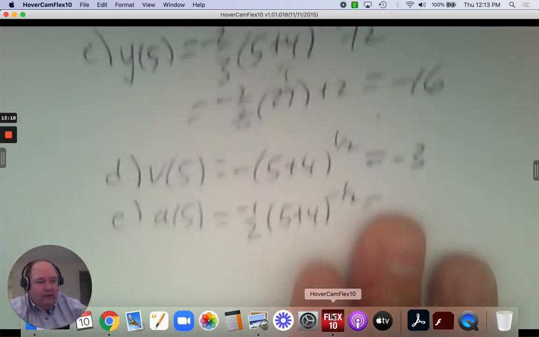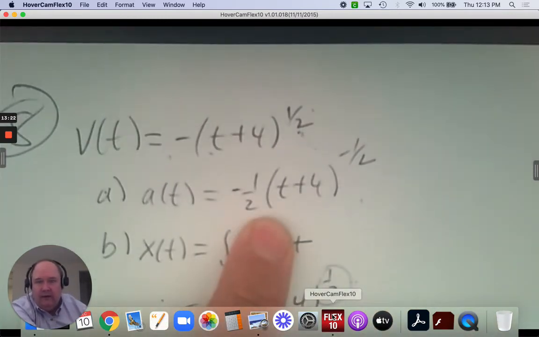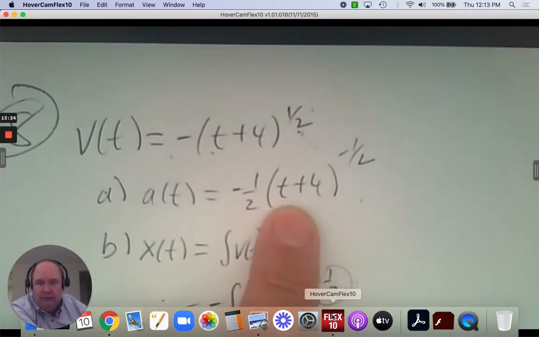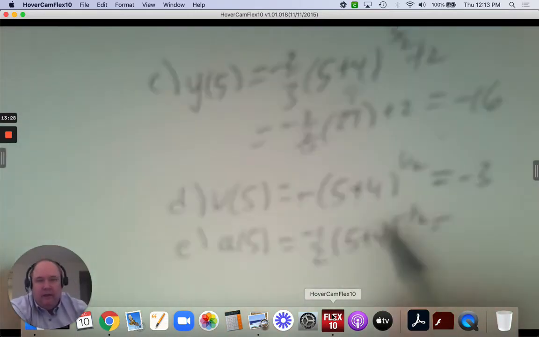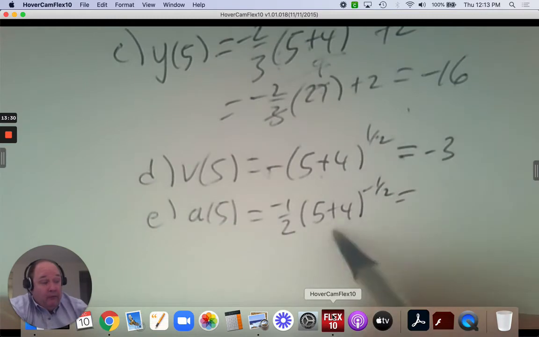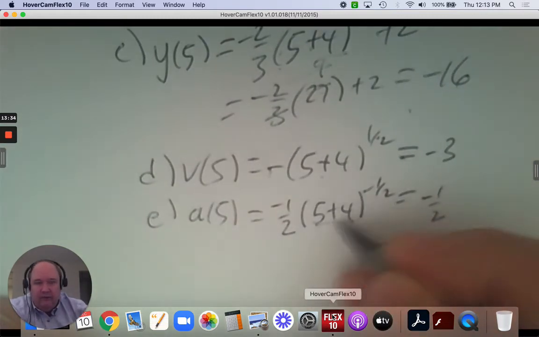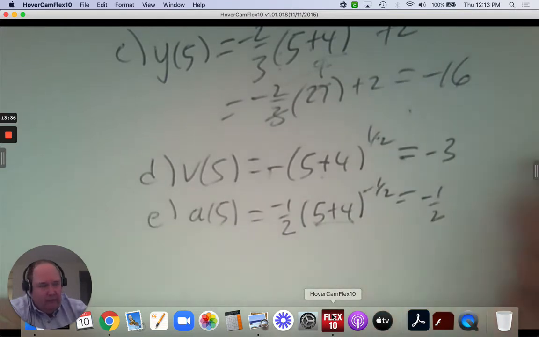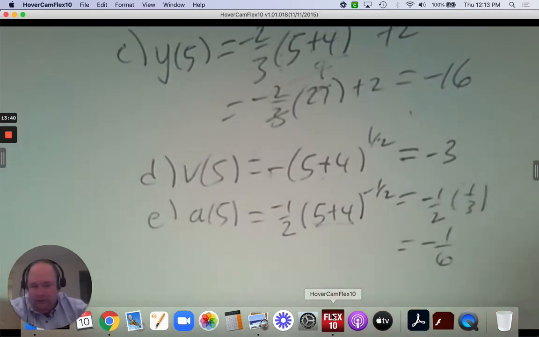This is the formula in part A. That's the acceleration formula. So just plug in 5 here and simplify it. So 5 plus 4, that's 9. And then the square root of 9 is 3, but the negative exponent makes it 1/3. So if you put it together, you get negative 1/6.